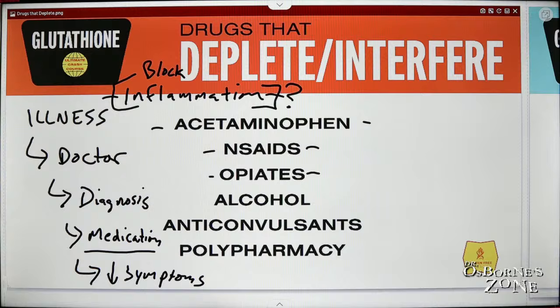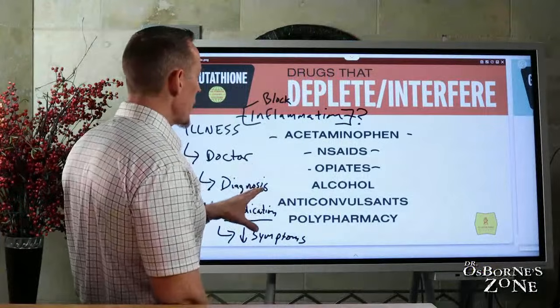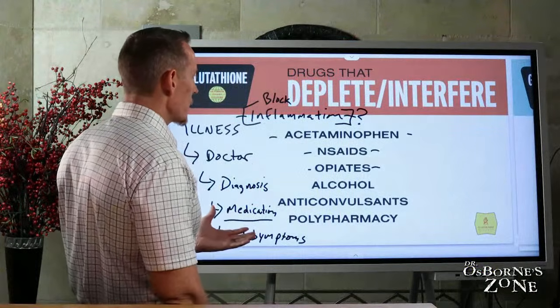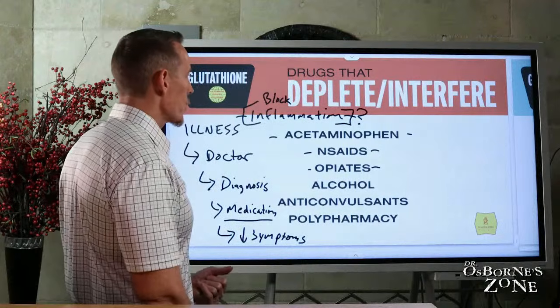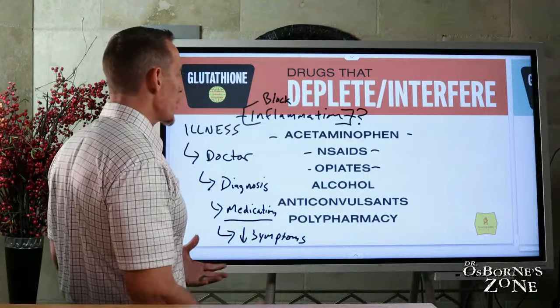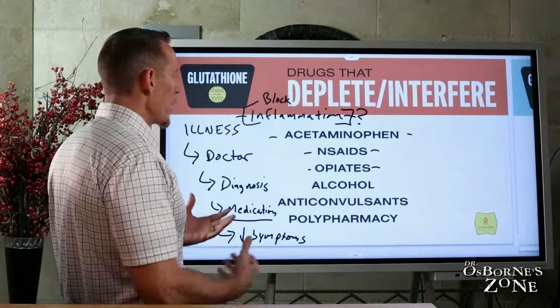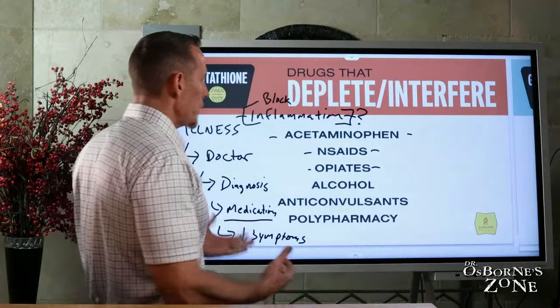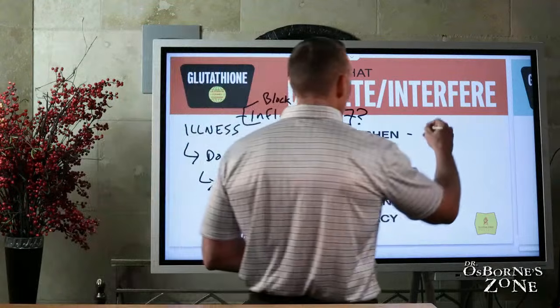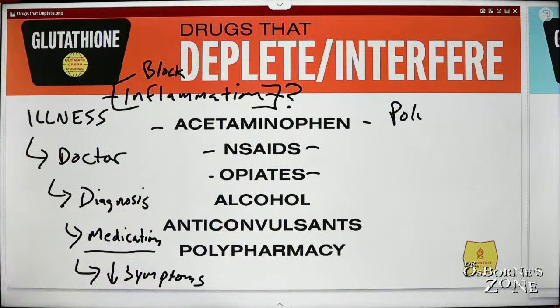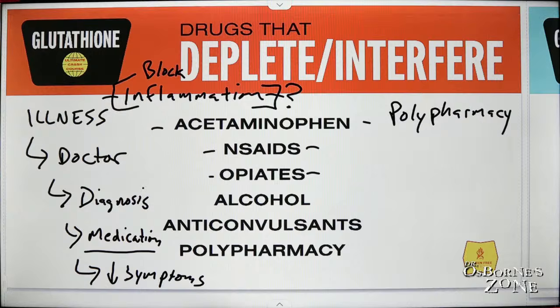The reason I point all this out is because if you're being medicated because of an inflammatory disease, but you don't know why or what you're doing that's causing or driving the inflammation, then you're just going to be on medication. One of the biggest problems we face today is called polypharmacy. This is when doctors just continually add more and more medication to a person to try to treat their symptoms.